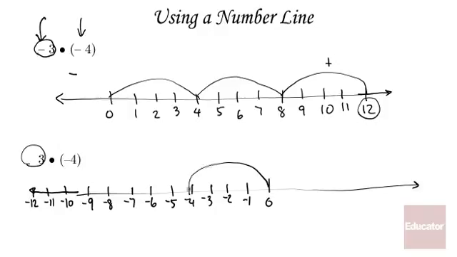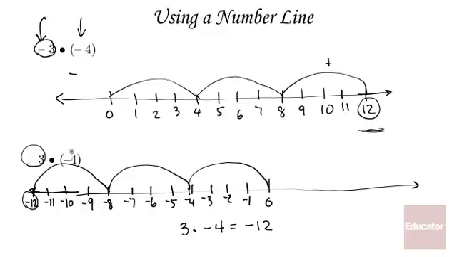Here's my first group of negative 4, here's my second group, and my last group, which ends up at negative 12. So 3 times negative 4 is negative 12. Let's look at the two to compare. Negative 3 times negative 4 is a positive 12. Positive 3 times negative 4 is a negative 12. This first problem is asking you to take the opposite of the negative 4, so that's why we moved in the positive direction. The second one just wants straightforward 3 groups of negative 4, so we moved in the negative direction.